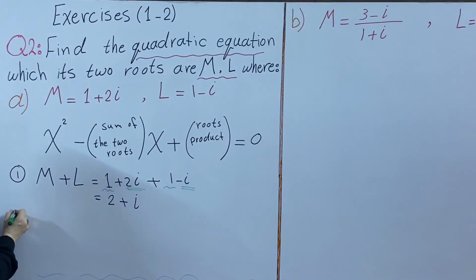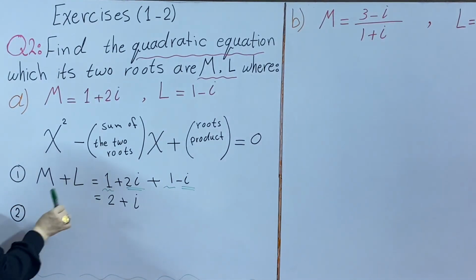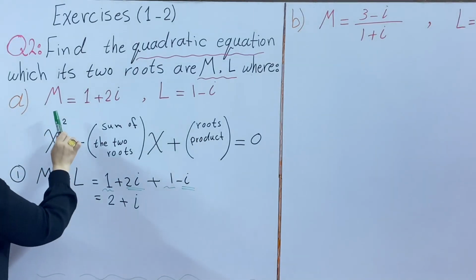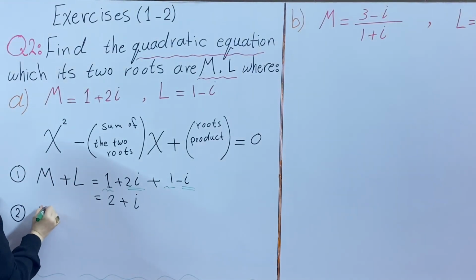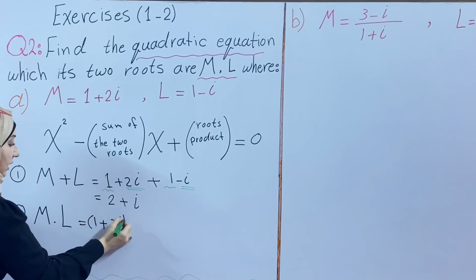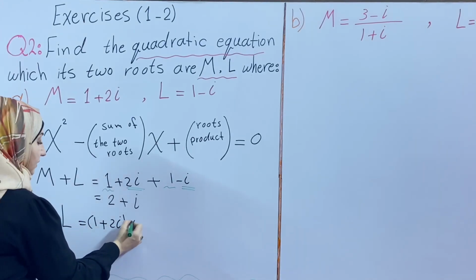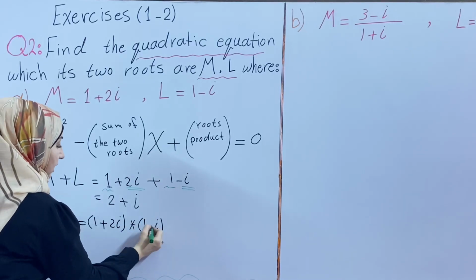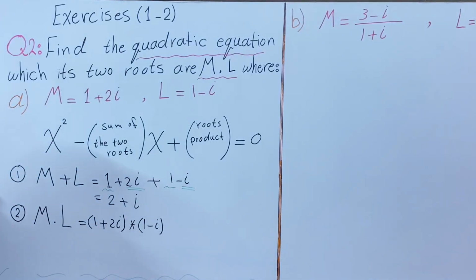And second, we want to find the product of the two roots, which is equal to m multiplied by l, where m is 1 plus 2i multiplied by l equal 1 minus i. Here we have multiplying of two complex numbers.